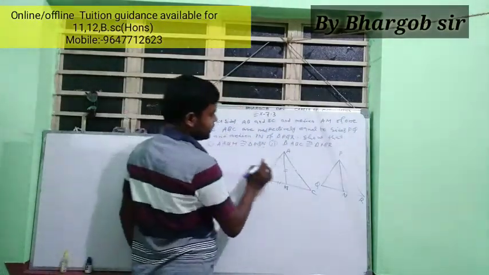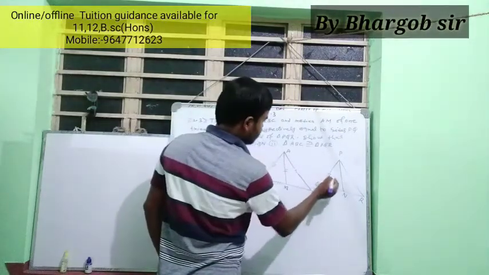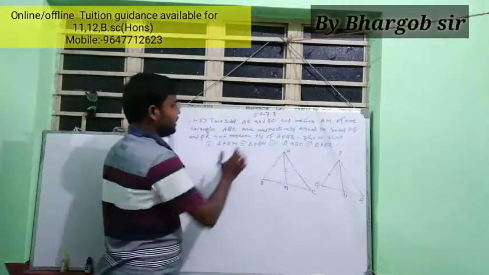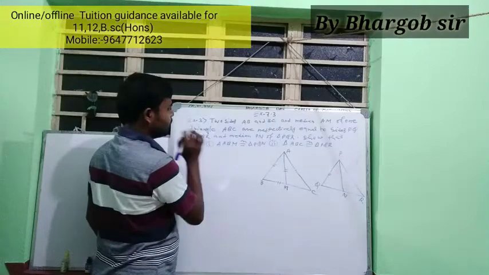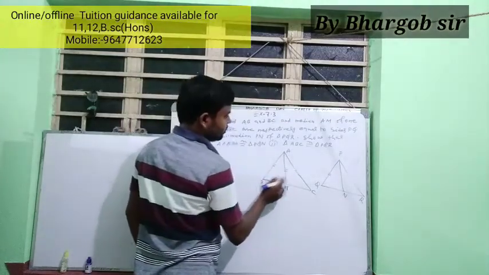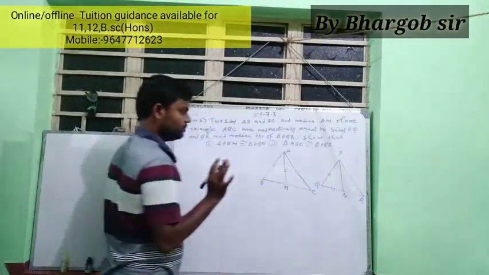That is, AB is equal to PQ, this side equal to this side, and BC is equal to QR. No problem.